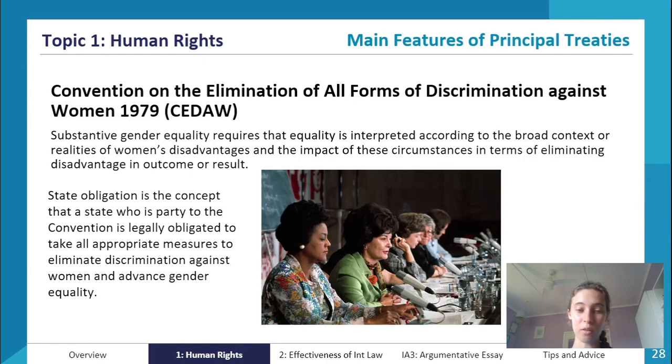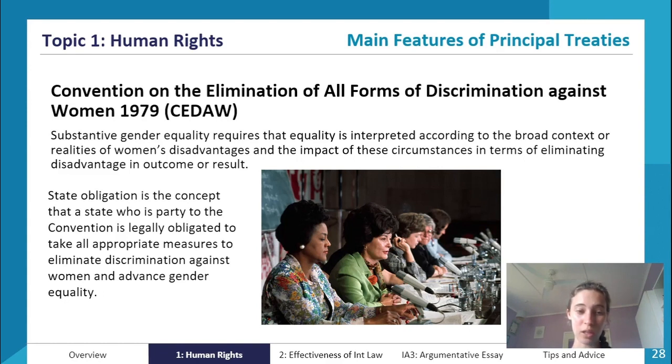So substantive gender equality requires that education is interpreted according to the broad context or the realities of women's disadvantages and the impact of those circumstances. So, taking in the full situation to determine what equality really is.